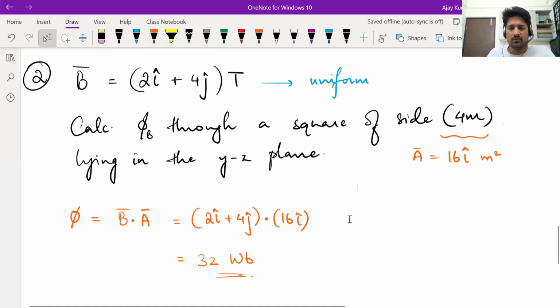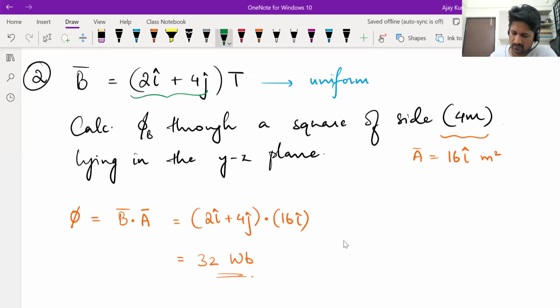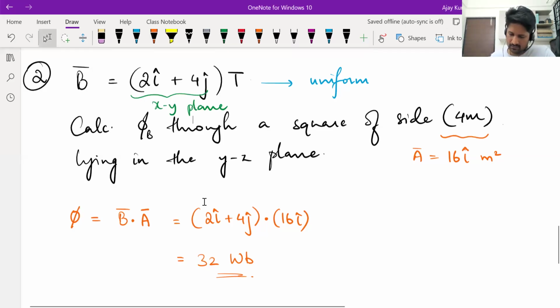If any of you have any doubts, you can ask, because I am surprised. I thought all of you would give the answer immediately, but not many have given. Any confusion in this? Can you draw a diagram to visualize? Okay, I'll try. The field is parallel to the xy plane. It has an x component and a y component. And the square is in the yz plane.